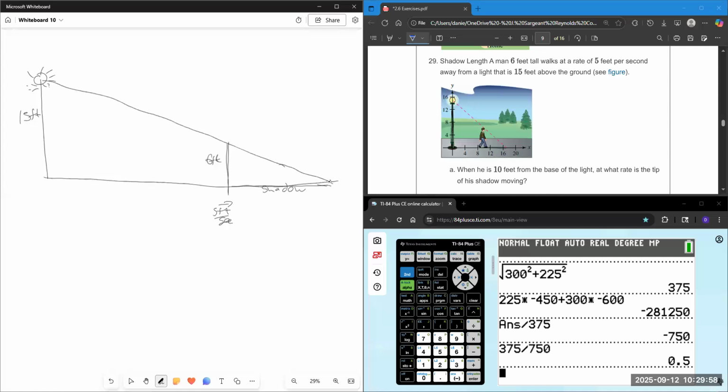So let's go ahead and say that the man is currently 10 feet away from the base of the light.